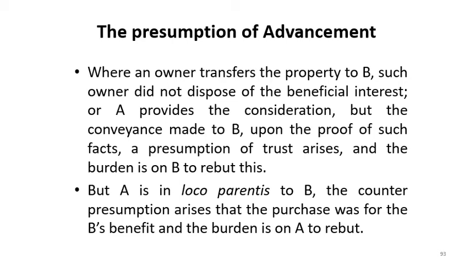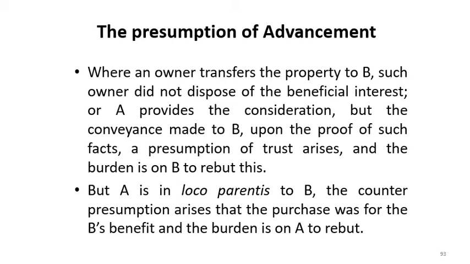Where an owner transfers the property to B, and such owner did not dispose of the beneficial interest therein, then the transferee must hold the property for the benefit of the transferor. That is section 83.